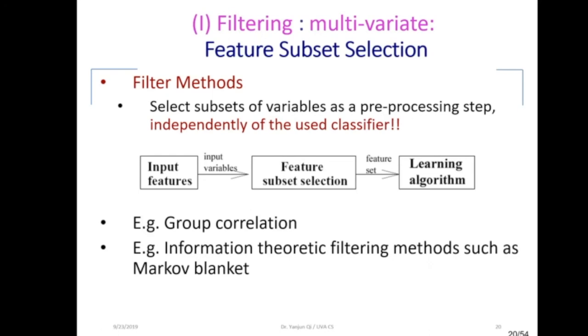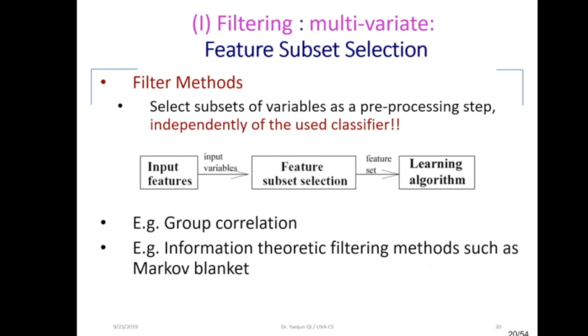But when you look to select subsets instead of one at a time and ranking them, the problem really comes to how do you select the subsets? And how do you even evaluate the subsets?